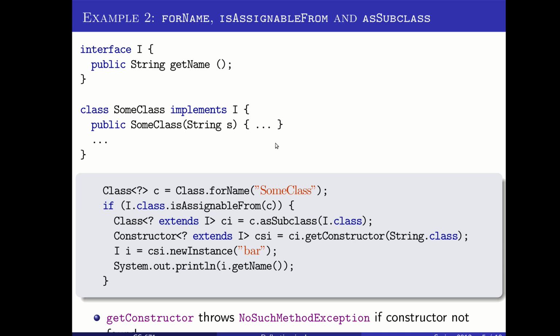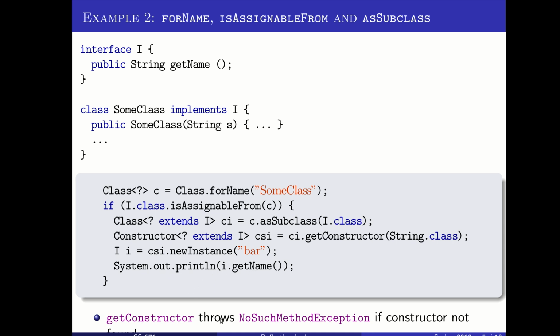So this kind of allows me to go from a less restricted state where I don't know much about SomeClass and then learn that SomeClass could be stored as an I variable and then do that later on down here. And then I print out the name from it just to call that getName method that I know is guaranteed for all I objects.